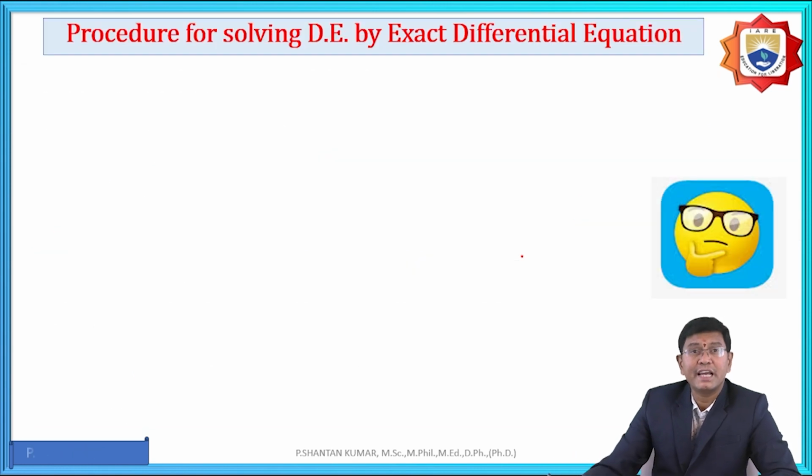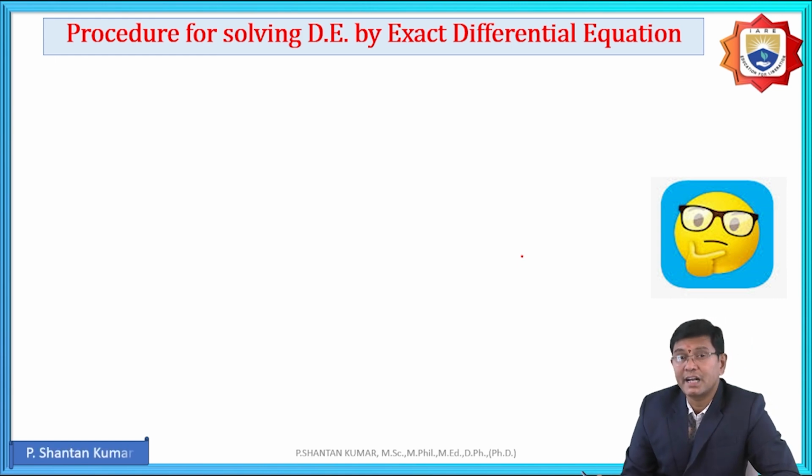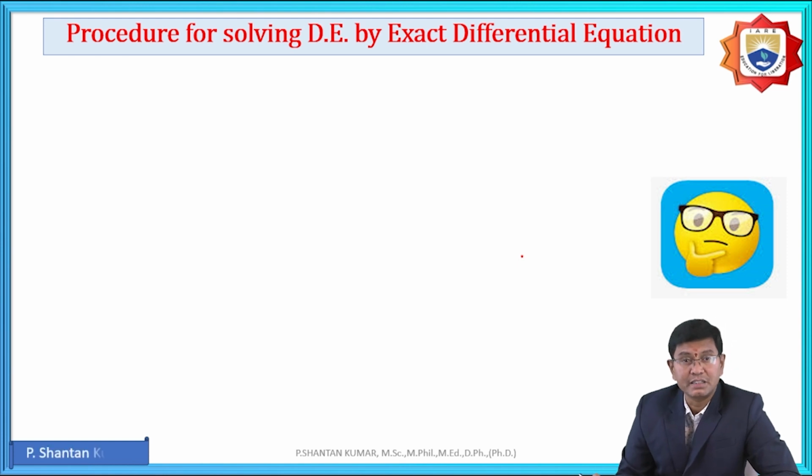Next, based upon the exact differential equation, what is the procedure? The previous slide gave the condition for exactness and the solution. But here, what is the procedure for exact differential equations?